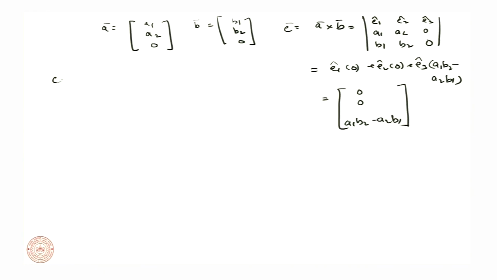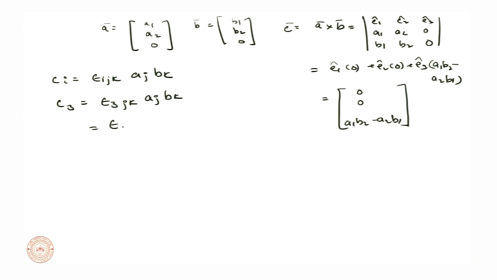Let's try it out with our index notation, epsilon_ijk a_j b_k. Let's try C3. C3 equals epsilon_3jk a_j b_k.